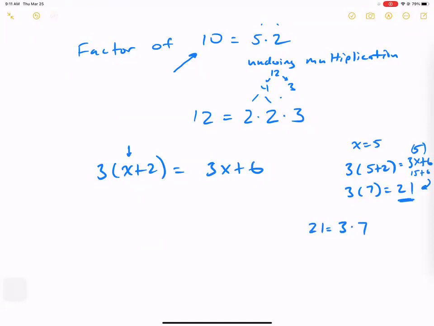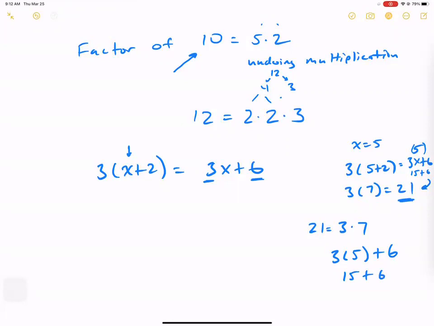And to write this in a different way, if I write this as 3 times 5 plus 6, the 3 and the 6 are still there. Now, this can be written also as 15 plus 6.